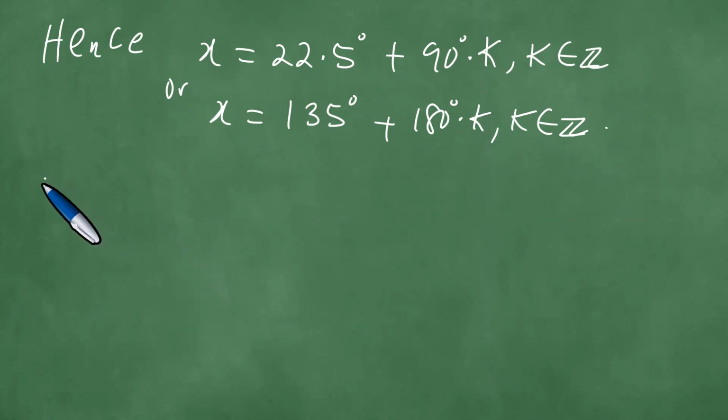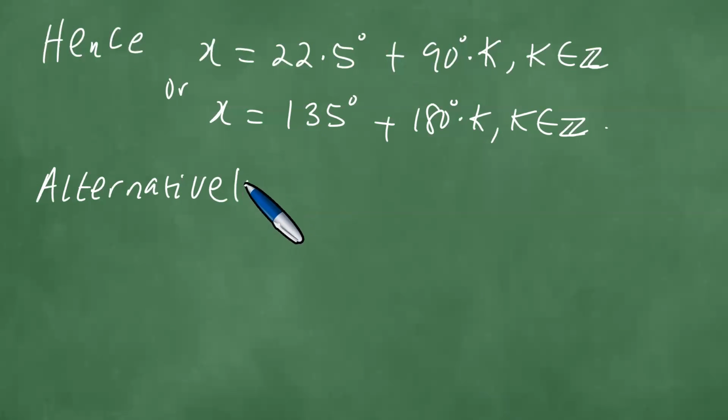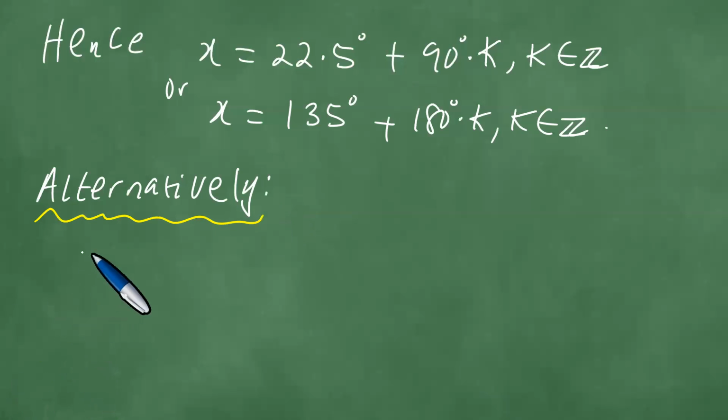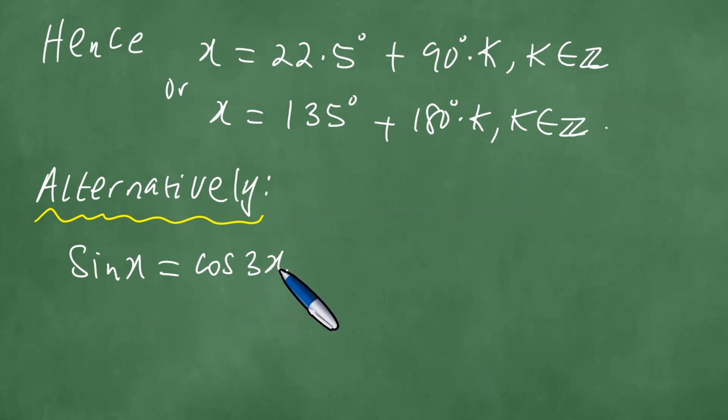Right, so alternatively, we have another way of doing the problem. Another student can approach this problem in a slightly different fashion. If you have the sine of x, which equals the cosine of 3x, we can start by writing the cosine of 3x and equate it to the sine of x.